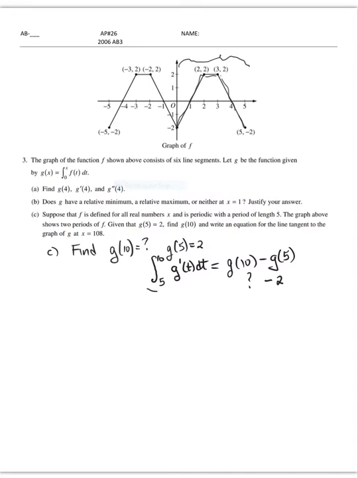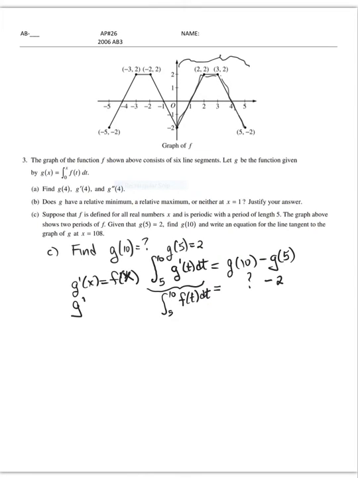To get the answer to this is asking something else. If you recall, it is really the definite integral from 5 to 10 of f of t dt, right? Because we know that the derivative of g gives back f.